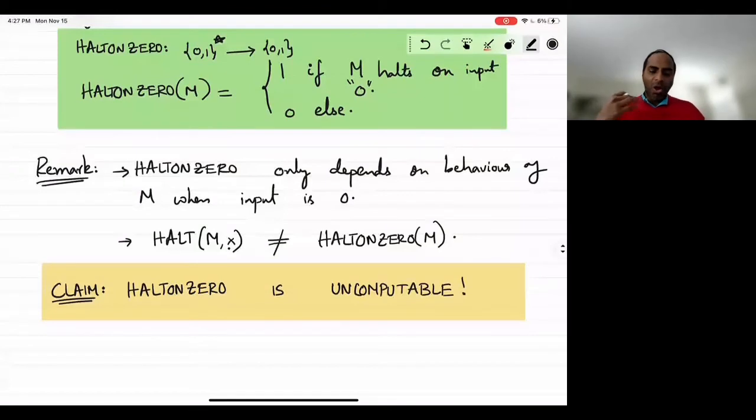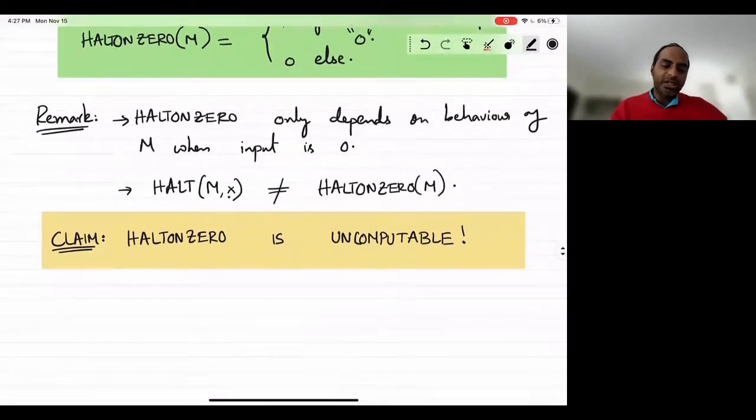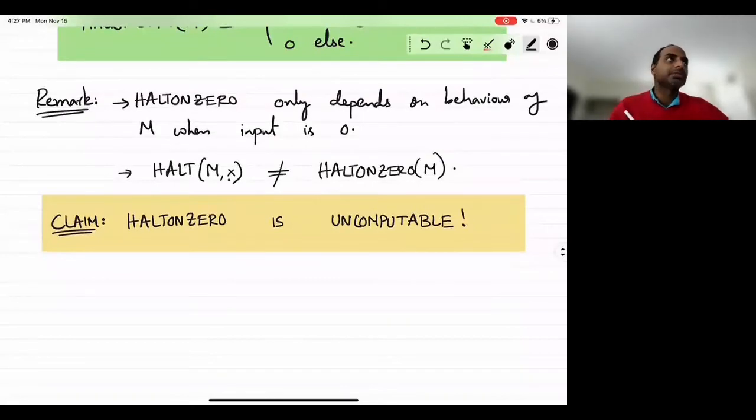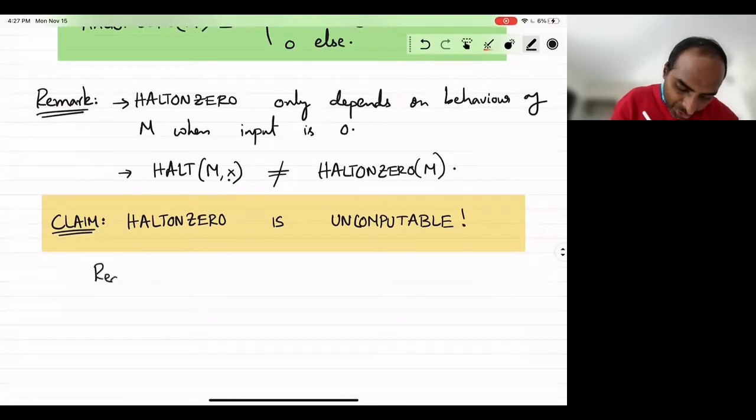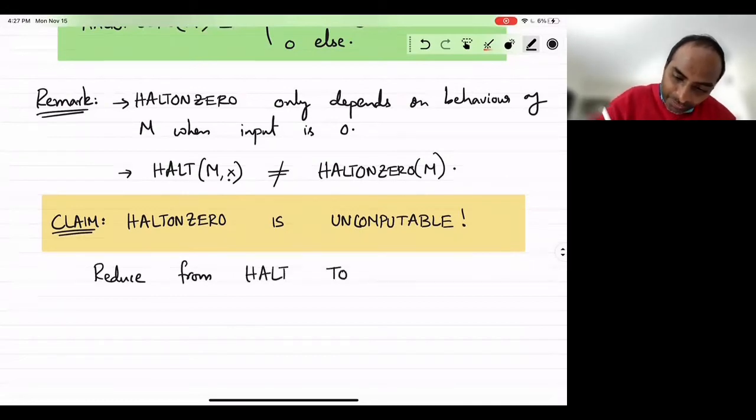Okay, not only is halt uncomputable, halt on 0 somehow seems easier, right? Because you're only interested in the specific input 0, whereas for halt, you have to run M on X. Okay, and the way we will prove this is to reduce from halt to halt on 0.